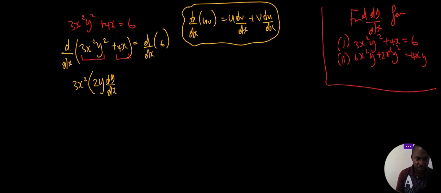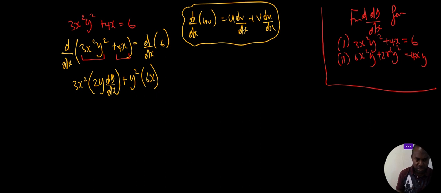So the derivative of y squared with respect to x is 2y dy by dx. So we close that. The second part is now plus y squared times the derivative of 3x squared. When you differentiate 3x squared, we get 6x. So that is plus y squared times 6x.